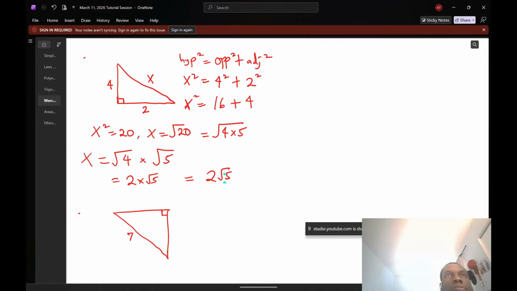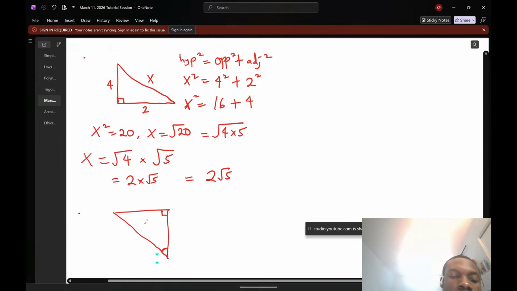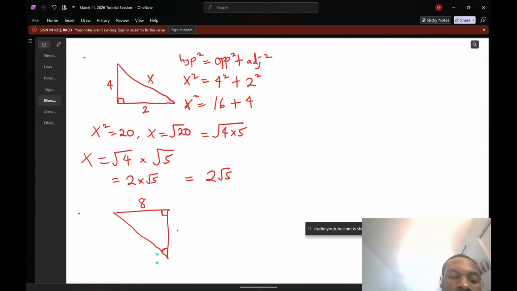Okay, and then maybe I can make the opposite to be, I'm trying to look for a number that's a perfect square. Okay, you know what, let me make this side 8. So the opposite will be 8, and this side will be 4. I think I like this one better.